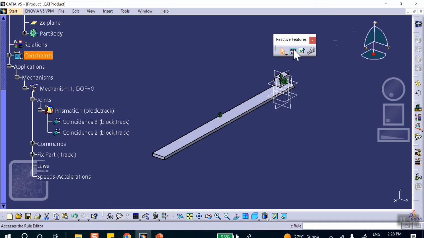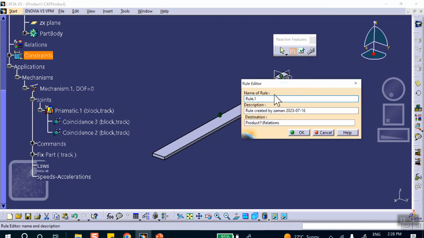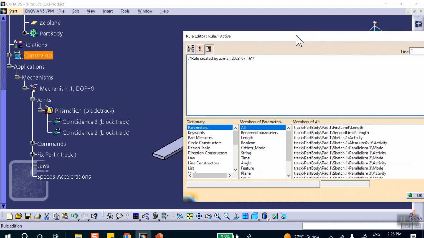Okay, so there it is. In this toolbar, which is called Reactive Features, I have no clue why it's called Reactive Features, but one of the things that we can do is write a program right there. See that? It says a rule. You click on it. You can give it a name. This is just a name, rule 1, rule 2, rule 3, my rule, whatever, and the date, etc. And we say OK, and we are ready to go.